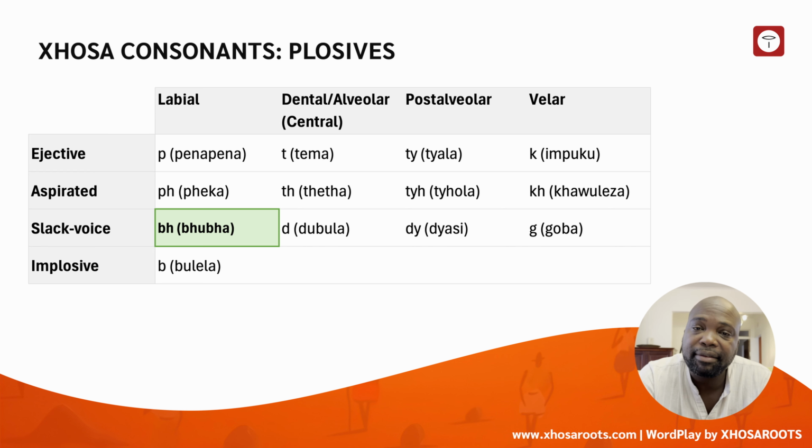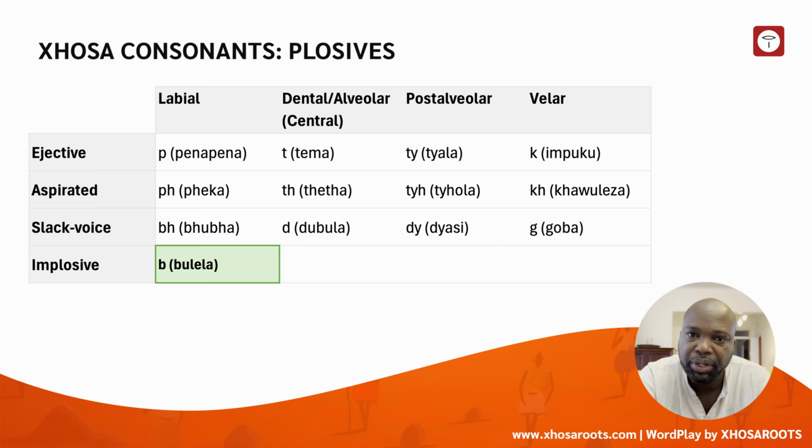And then the implosive version, which is a unique plosive out of the 4 different types of plosives. It's implosive ba, ba, ba. So you are pulling air in, ba, as in bulela, thank, or show gratitude.